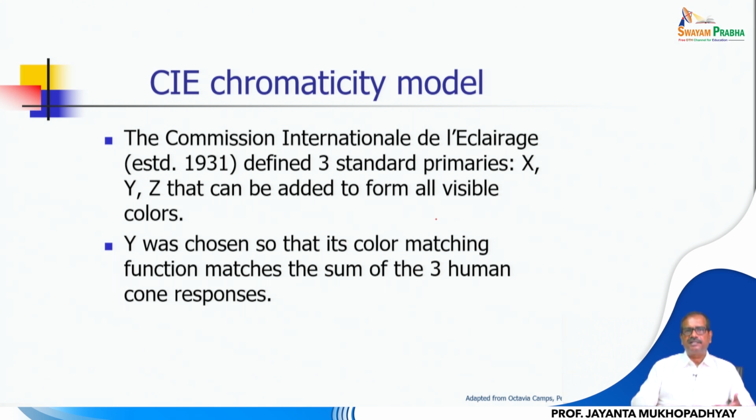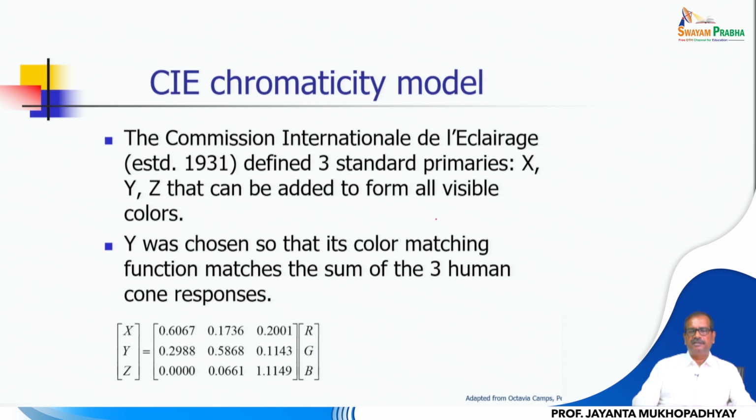One such space is the XYZ space, proposed by the Commission Internationale de l'Éclairage, the international body for color representation, which we better attribute by its acronym, CIE. They have suggested this transformation. It's a linear and invertible transformation.